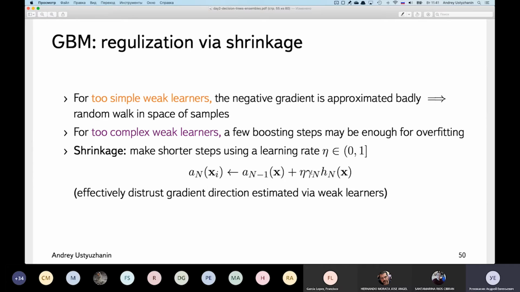You see that in gradient boosting, there is an important coefficient that we use to compute the gradient, and we can regularize this by adding one more coefficient. It is a number from 0 to 1, and it effectively doesn't allow us to go too far in the wrong direction.